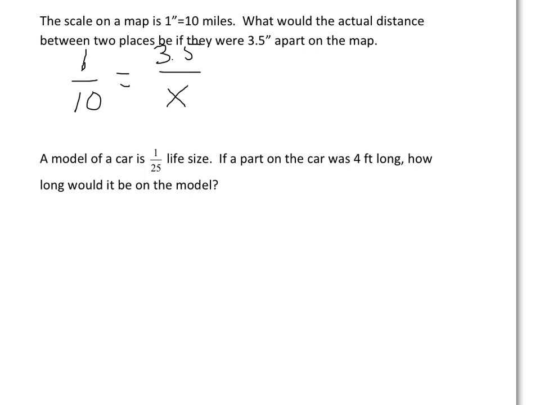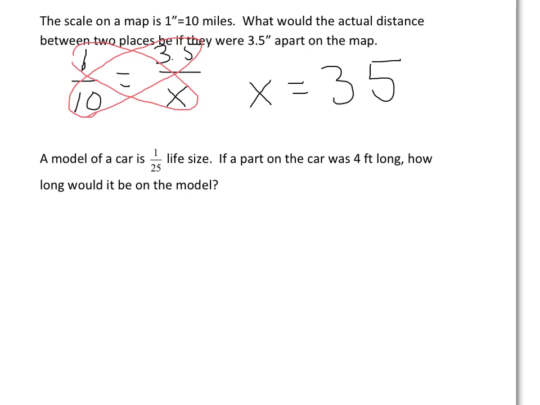So I can multiply the x and the 1 like that, and the 10 and the 3.5 like that. So 1 times x is just x, and 10 times 3.5 is 35. So if you do out the cross-multiplying in the proportion, you get the same answer you would get if you did it in your head.